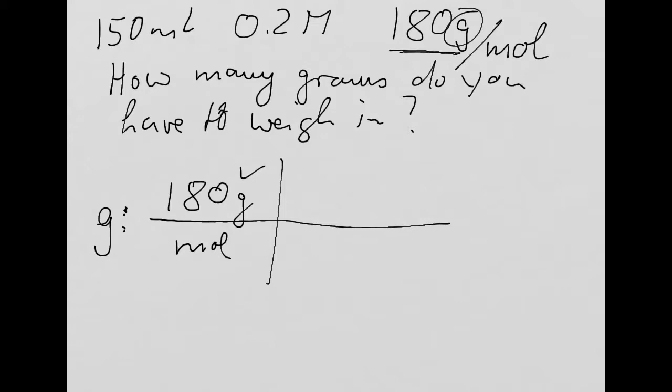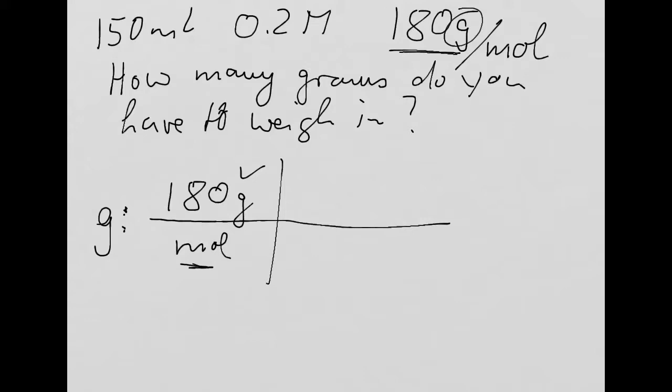But this mole here, that's a little bit annoying. We want to get rid of that mole. Do we have, from the remaining givens, anything that has the unit mole in it?